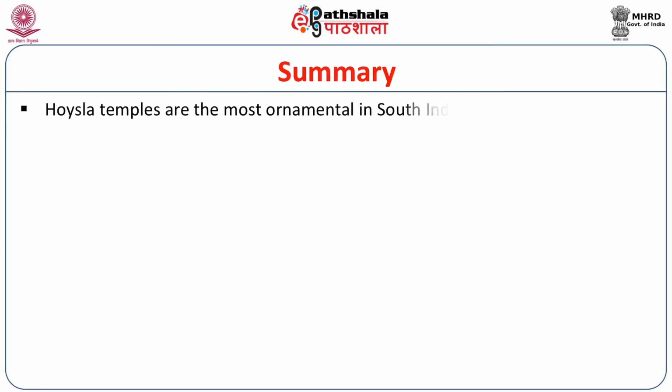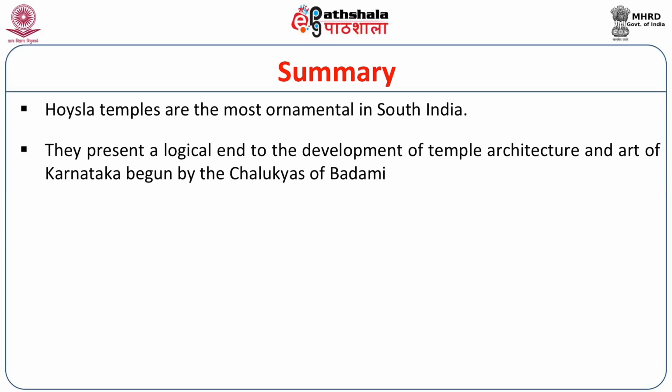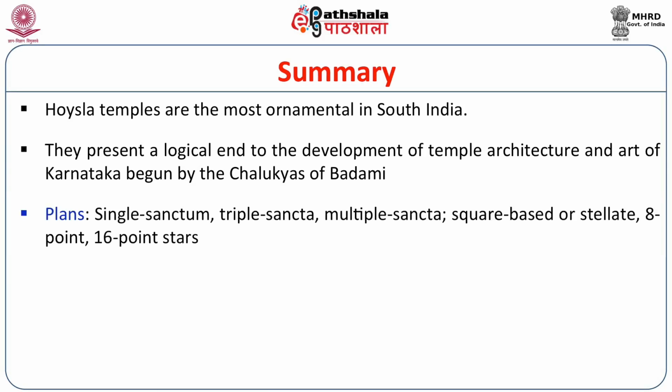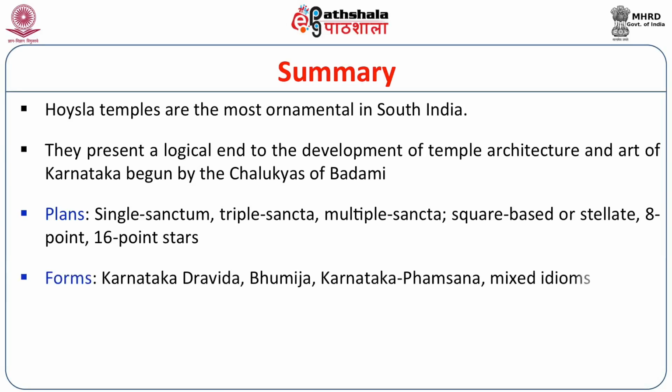Let us summarize our study in this module. The Hoysala temples are the most ornamental in South India. They present a logical end to the development of temple architecture and art of Karnataka, begun by the Chalukyas of Badami. So far as plans are considered, there are single sanctum, triple sancta, multiple sancta, square-based or stellate, 8-point, 16-point stars found.